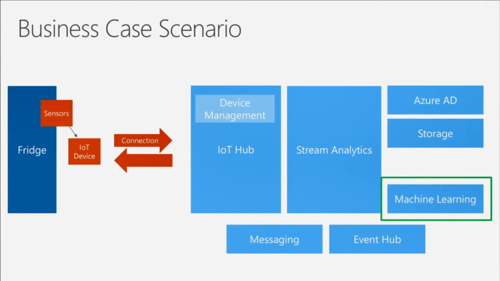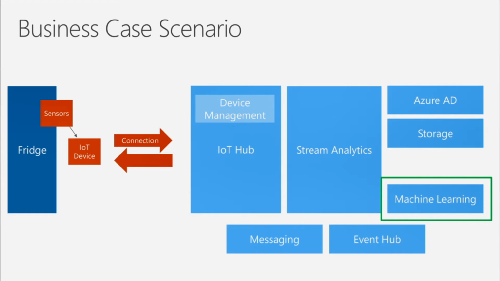When you say messaging, is that related to alerts or triggers for something? Messaging is related to, first of all, the data come to the IoT hub, goes to the stream analytics, and from there it goes to messaging or to the event hub for the monitoring, depending on the user settings.